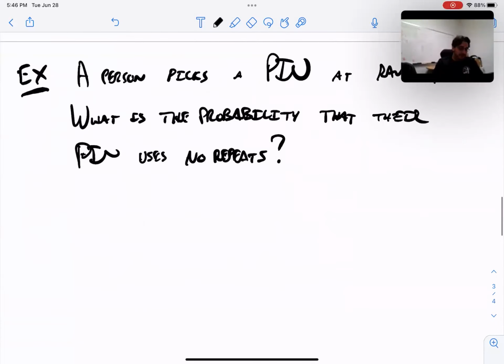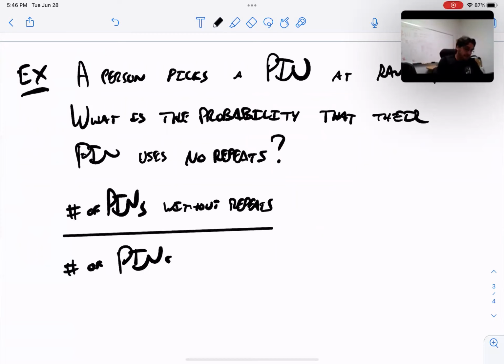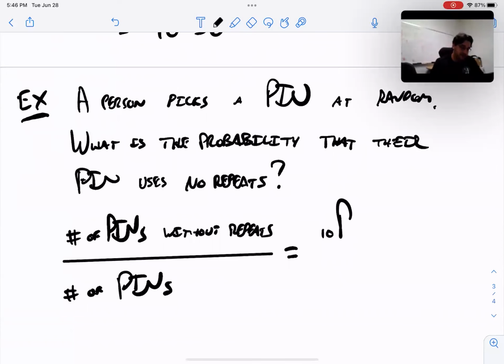Well, what could you do? You could say this is the number of PINs without repeats divided by the number of PINs total. What's the number of PINs without repeats? It's 10P4.